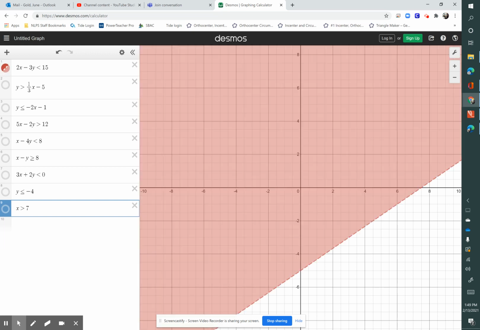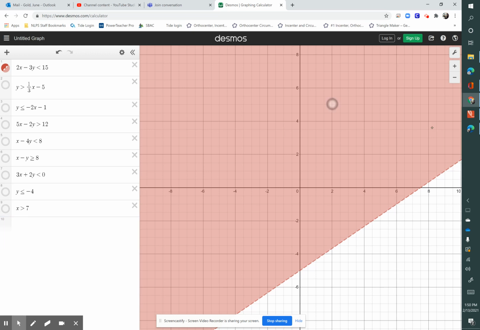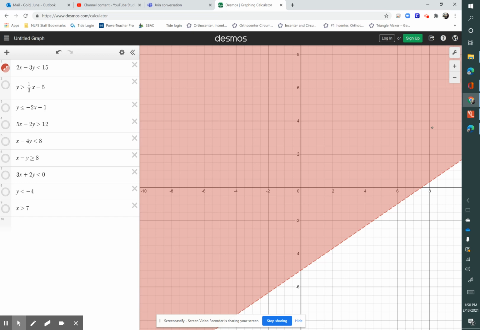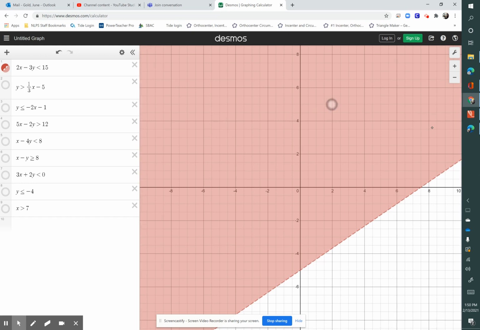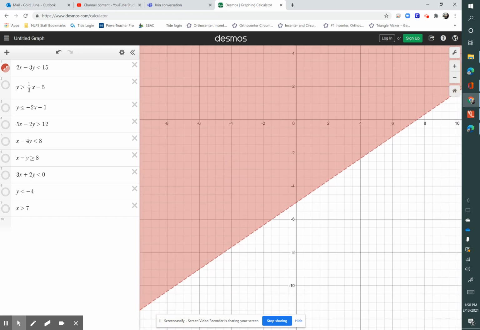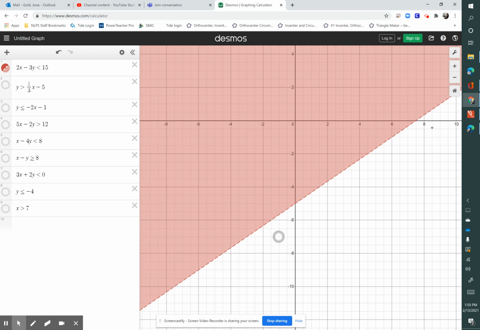So here's our 2x minus 3y is less than 15. And the first ordered pair that we tested was 2, 5, which is right here. And you can see that that is a solution. The second ordered pair is -1, -7, which would be right here. And you can see that's not in the shaded area.